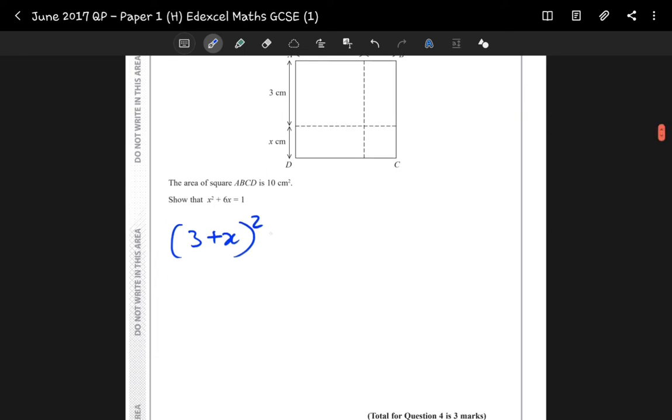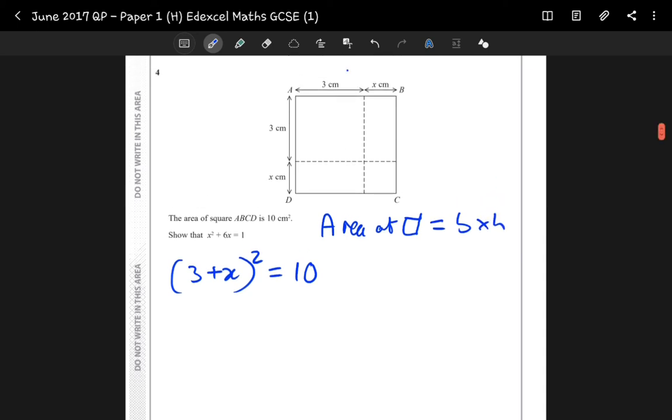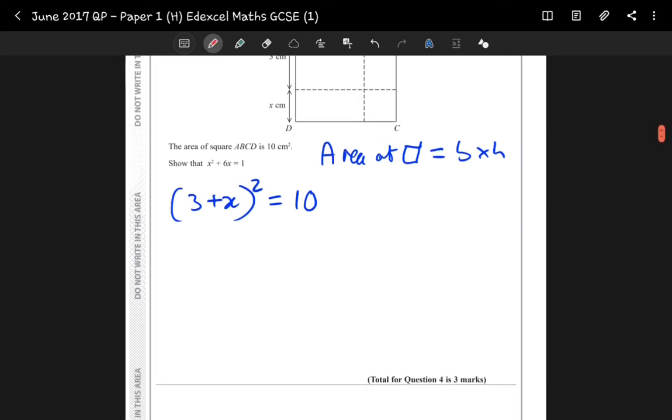That's how we can write it, and that equals 10. The reason for that is, remember, the area of a square, let me just write a square like that, that's how I like to do it, equals the base times height. The base is here, that's 3 plus x, and the height is again 3 plus x. So there's the little proof for that.